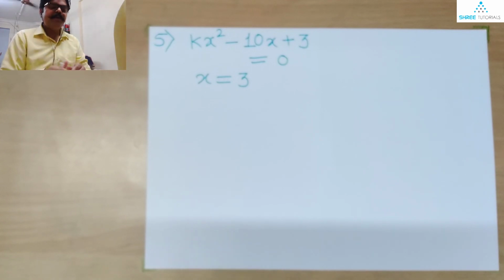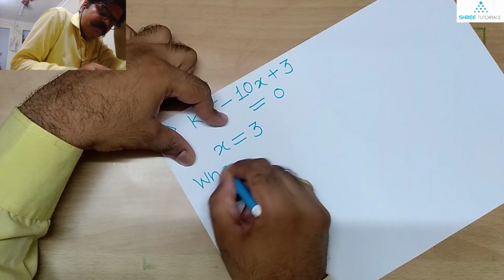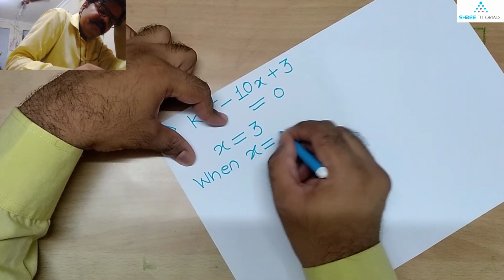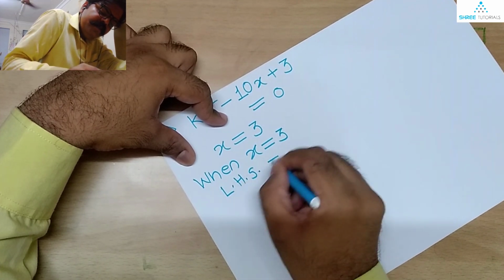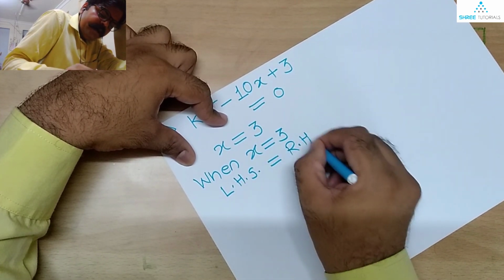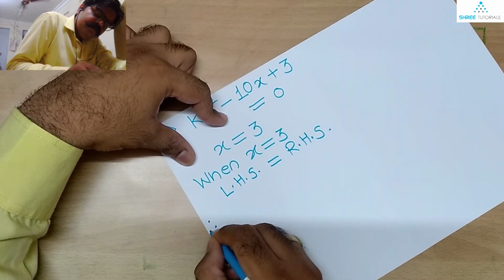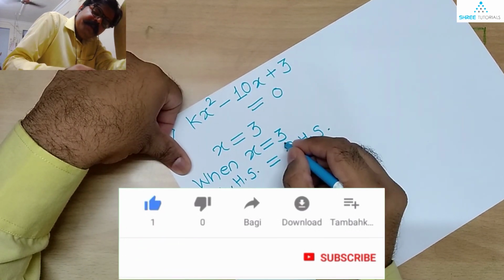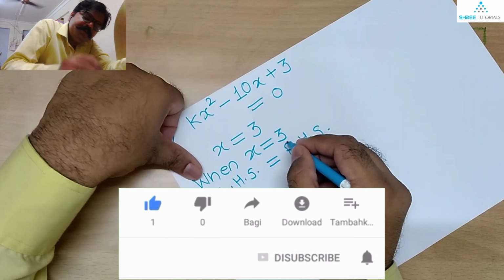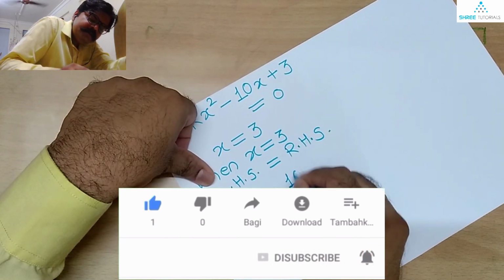Okay, so therefore when x is equal to 3, LHS will be equal to RHS. Fine. And therefore k, in place of x I am going to substitute 3, therefore 3 square minus 10.